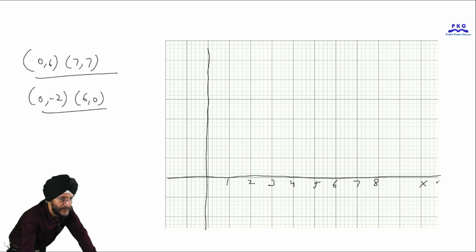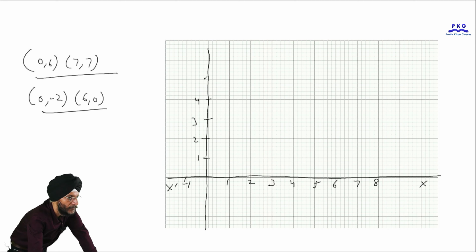This is the x-axis. Minus 1, and it is 1, 2, 3, 4, 5, 6, 7. This is the y-axis.